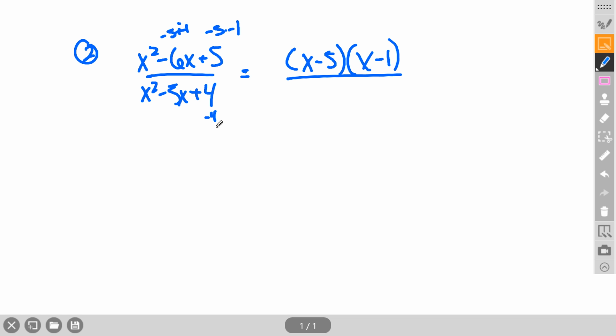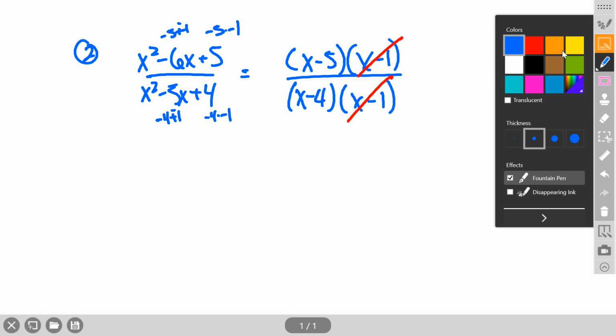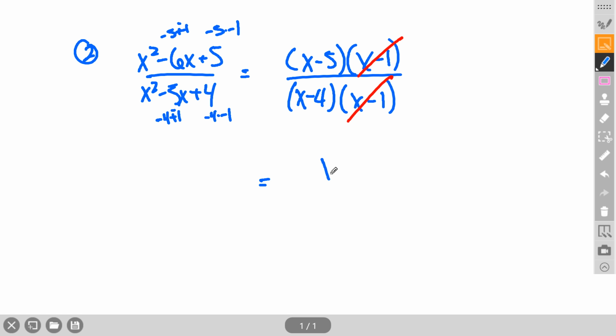The denominator is negative 4 and negative 1. Negative 4 times negative 1 is 4, negative 4 plus negative 1 is negative 5, so we got x minus 4, x minus 1. We can see that an x minus 1 will cancel here. So we're left with x minus 5 over x minus 4.